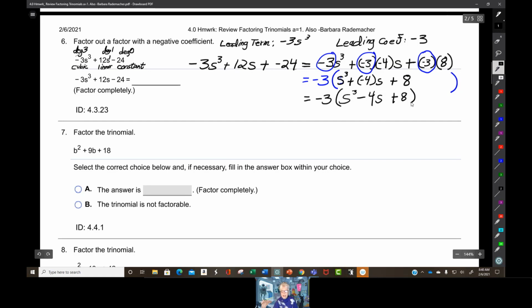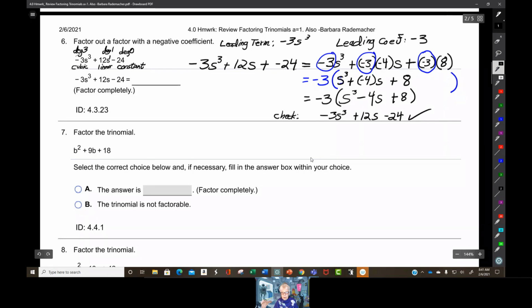There you go. And to do a quick check, that'll be -3 times s to the third is -3s to the third. -3 times -4s is +12s. -3 times +8 is -24.